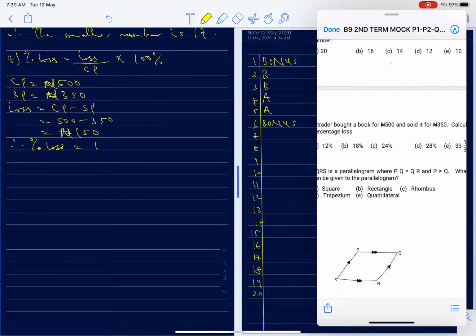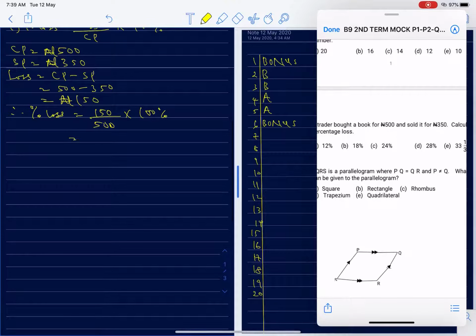So therefore percentage loss will be equal to loss, which is 150 naira, divided by cost price, which is 500 naira, times 100%. If you work that out, 0 cancels 0, 5 into 150 is 30, so that simply means 30%.